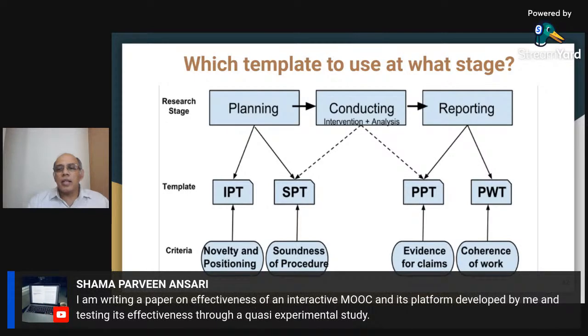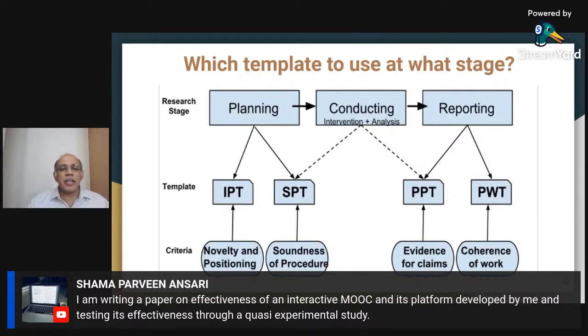Okay. Then I see a question. I am writing a paper on effectiveness of an interactive MOOC and its platform developed by me, and testing its effectiveness through a quasi-experimental study. Okay, that's good. When you say effectiveness, you have to be careful about what you are measuring.